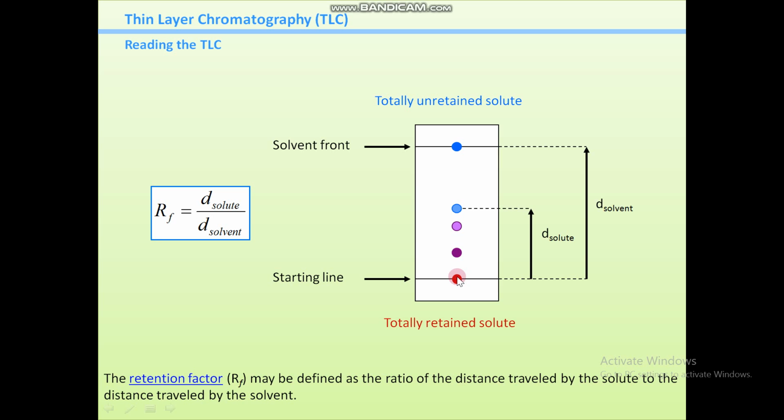Suppose, for example, this is one component; this is the distance traveled by the solute, compared to the distance traveled by the solvent, which is our mobile phase. The ratio of these two gives the retention factor. So this is thin layer chromatography.